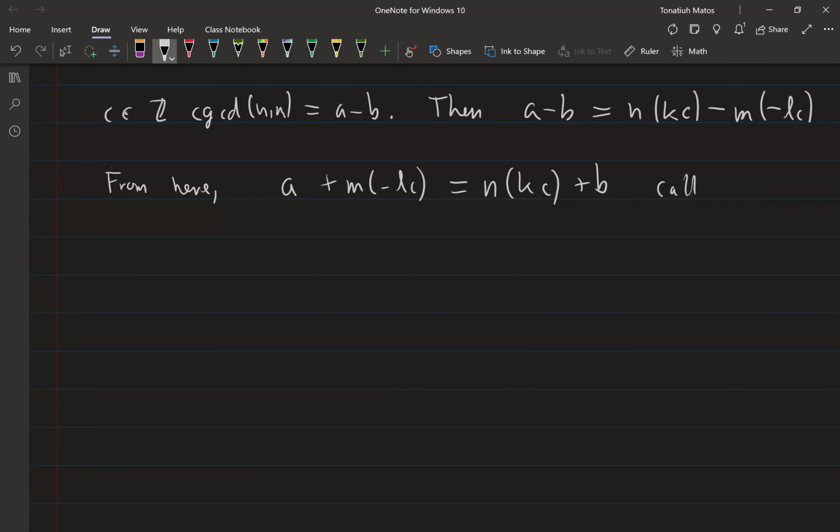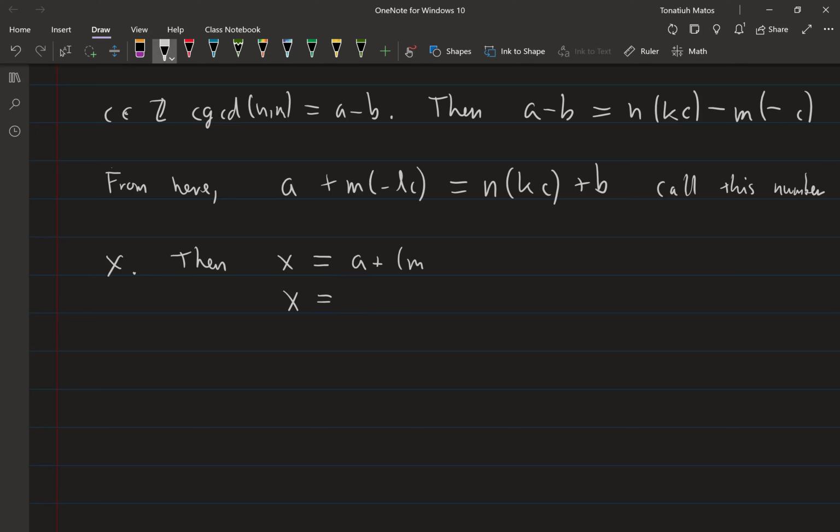Because this integer has two different representations, and it could be negative, right? Call this number x. So what is x when I reduce it mod m? And what is x when I reduce it mod n? Well, I need to use the different representations that I came up with for this to work, right?